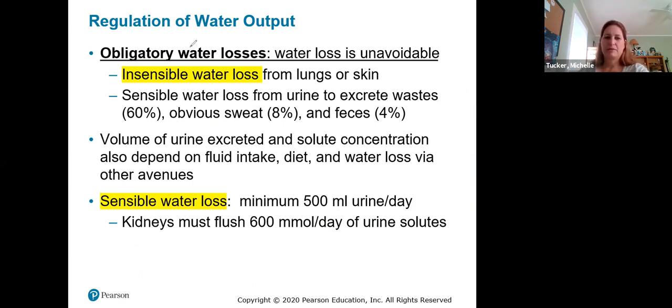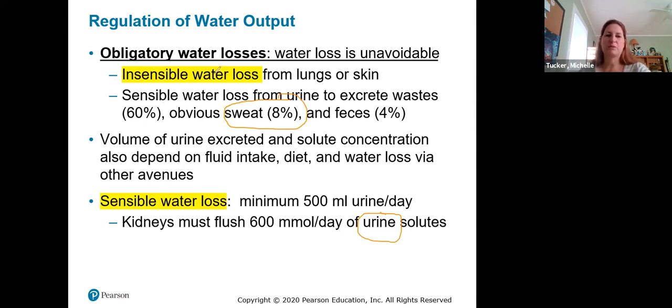The best example is sweat. When we are sweating, we can see those drops running off of our forehead. The other good example of sensible water loss is the loss of urine. You can tell when you are losing water due to urine release, excretion.